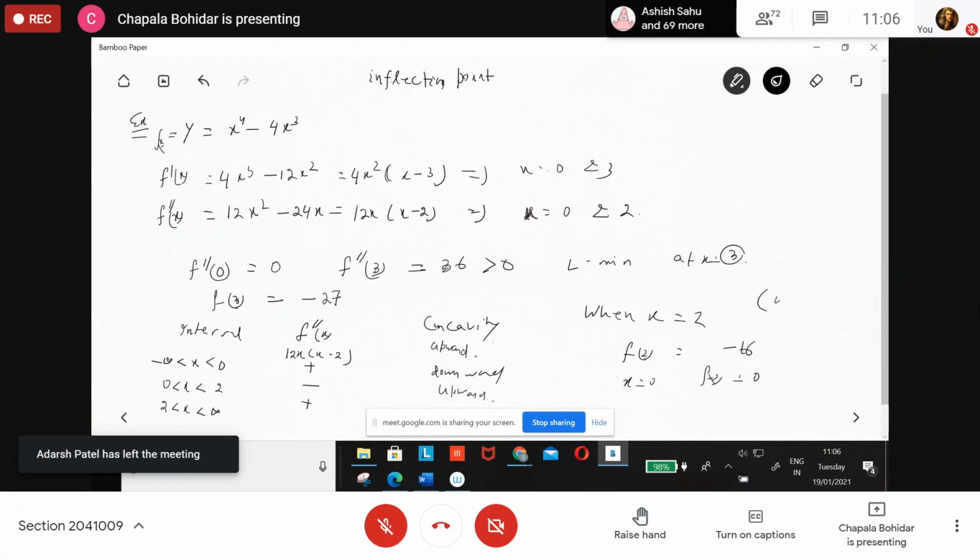So one point is 0, 0, and the other is 2, minus 16. These are the points of inflection, with concave upward and concave downward, and the local minimum we got here. Only the local minimum, and at 0 it is neither local maximum nor local minimum, it is the point of inflection. 0 is the point of inflection. Okay? So this question is over.